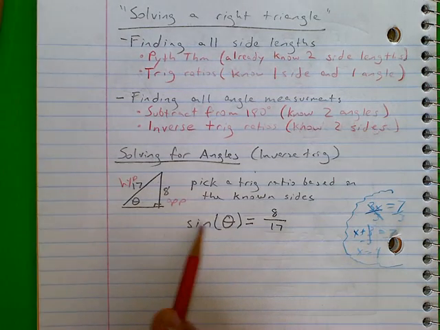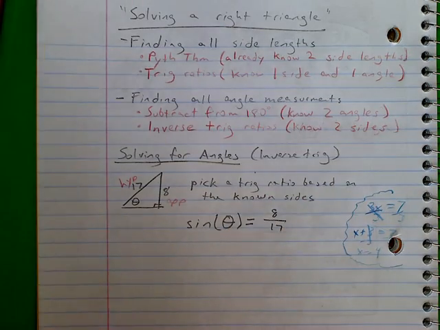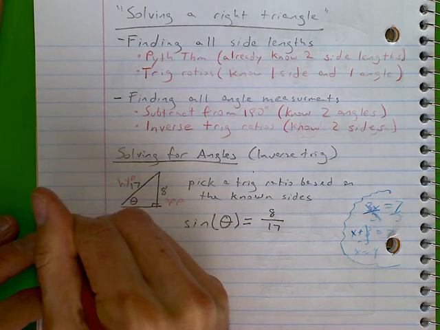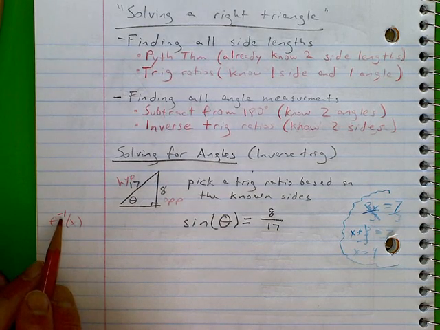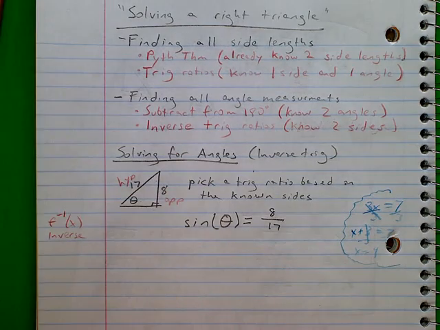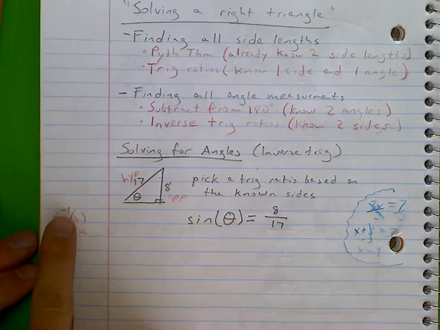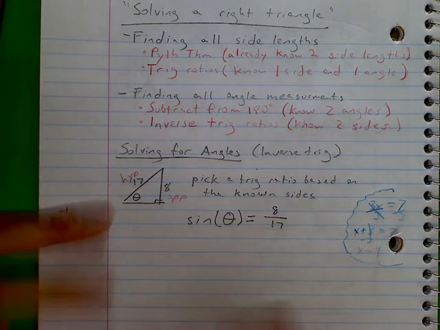So this is not sine times theta. Sine is a function, and we represent inverse functions by using this negative 1 as an exponent. Confusingly, we also use negative 1 as an exponent to denote mathematically that it's a reciprocal.